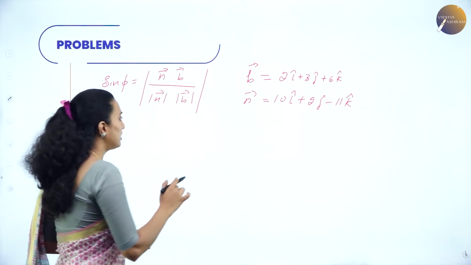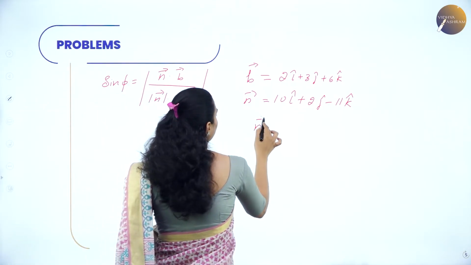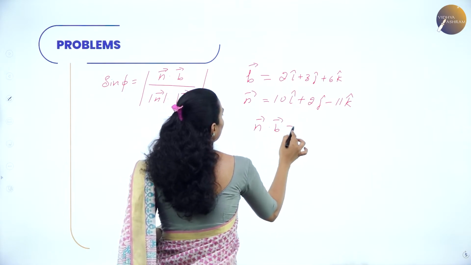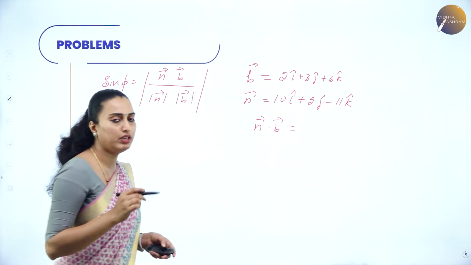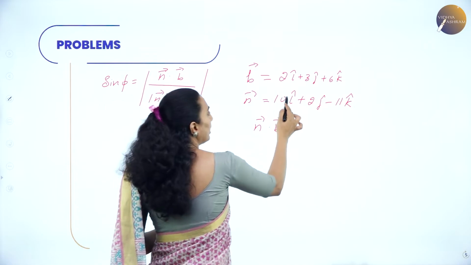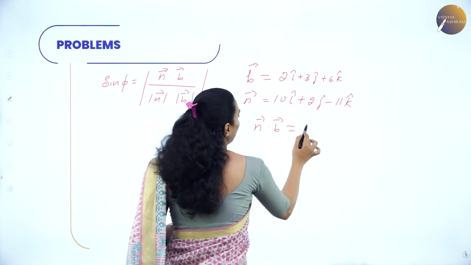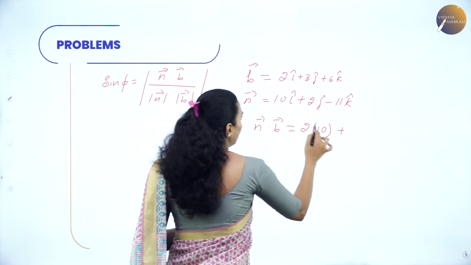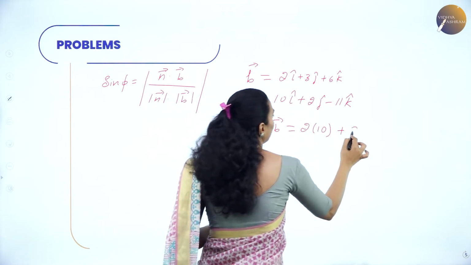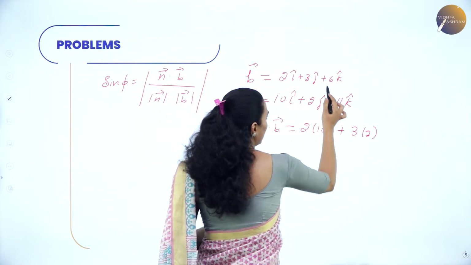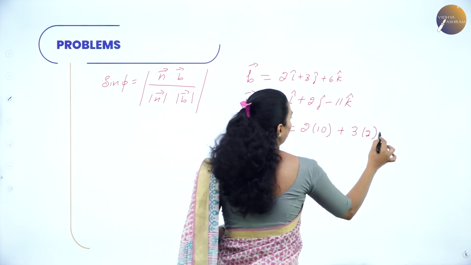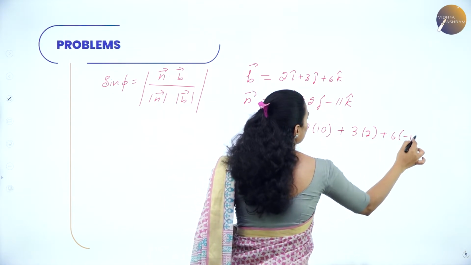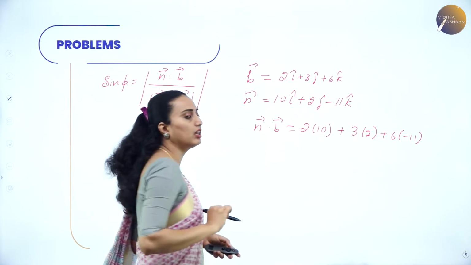Now, you can do n vector dot b vector. Substituting, first let me do n vector dot b vector. If you do it, you have i dot i, which is nothing but 1, 2 into 10, again plus 3 into 2, j dot j, again plus 6 into minus 11, because k dot k is nothing but 1.